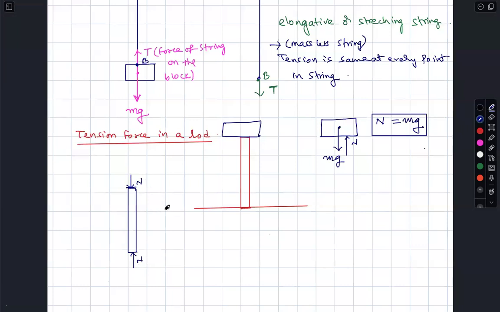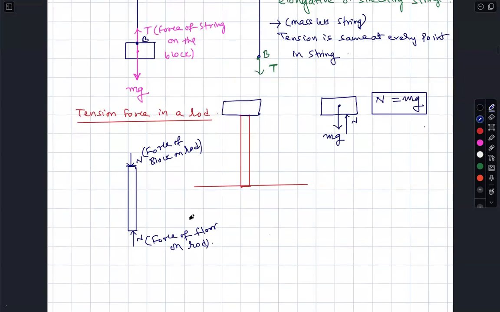This is the situation. Now, what is this? Force of block on rod. What is this? Force of floor on rod.